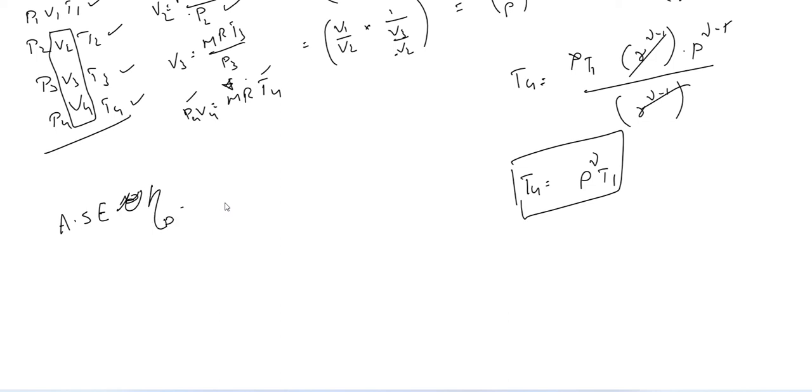Diesel cycle, which was equal at that time to 1 minus q2 by q1, which equals 1 minus t4 minus t1 by gamma into t3 minus t2, right? Yeah, we found what was t4.